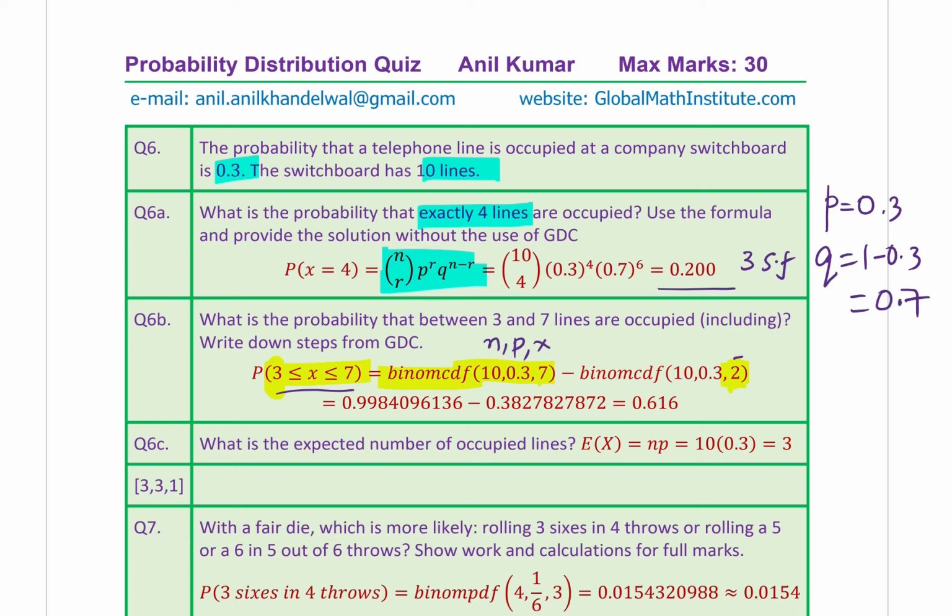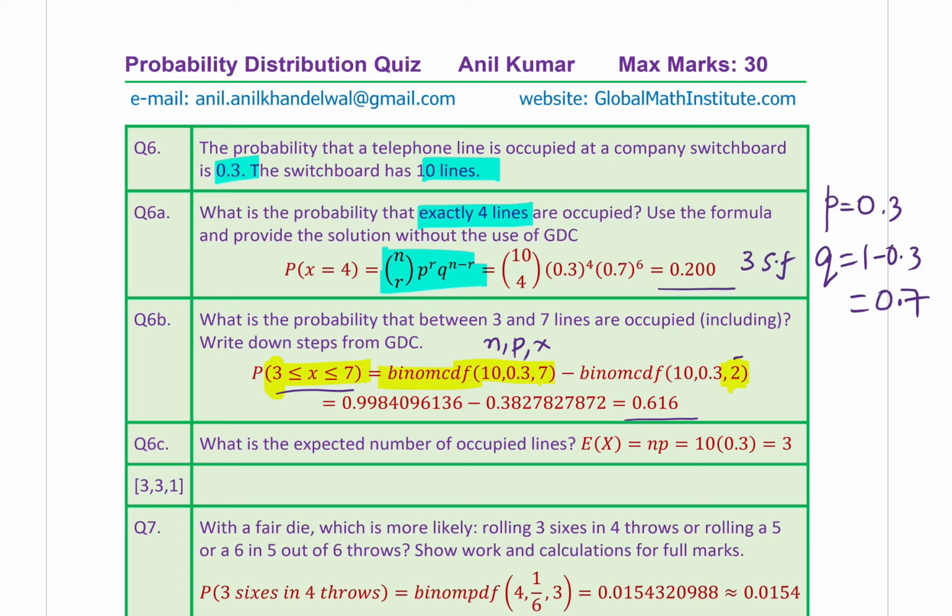So using the calculator, you can find the value, rounded to 3 significant figures. It comes to 0.616. Part C. What is the expected number of occupied lines? So for occupied lines, np, 10 times 0.3 will give you 3.